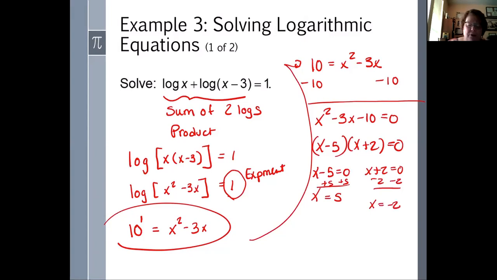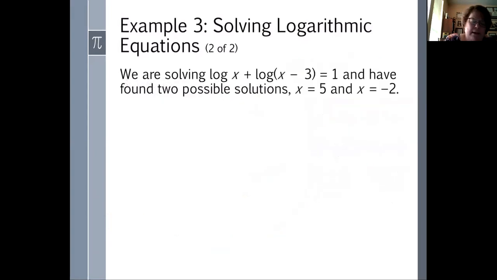All right, so now I do a quick check, because I have to make sure that I'm not violating the domain of the logarithm. So I got x is 5 and x equals negative 2. Do either one of those violate the domain? Well, negative 2 would, because I can't take the logarithm of negative 2.